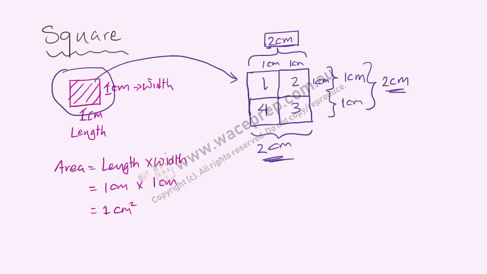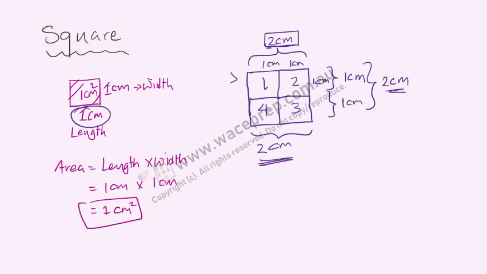Now the length of this one is just 1, this one is just 2. So it seems that the area of the square with a length of 2 centimeters is 4, whereas the area of 1 centimeter squared was simply 1 centimeter squared, as we can see here.